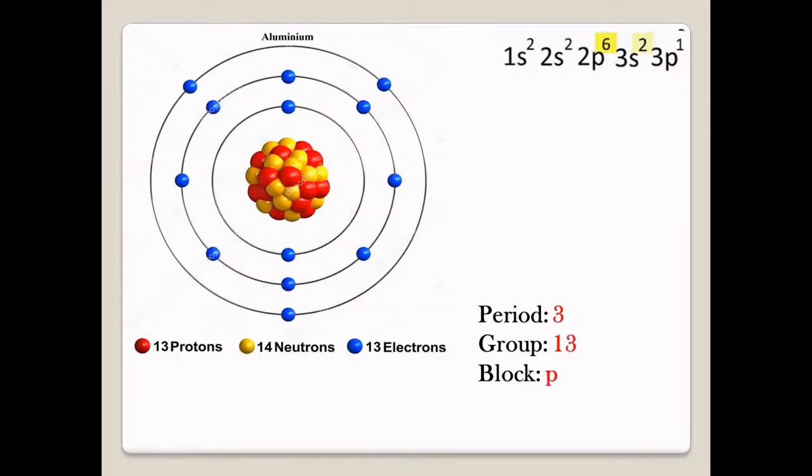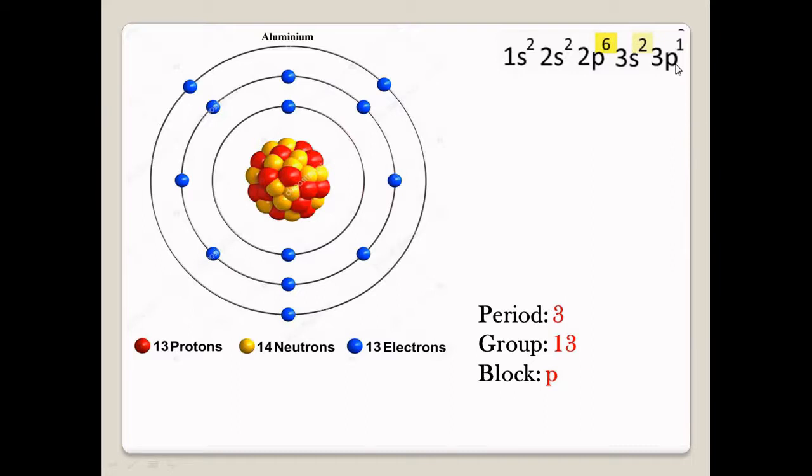Let's see another example, that is aluminium. Aluminium has 13 protons, 14 neutrons and 13 electrons, with the electronic configuration 1s2 2s2 2p6 3s2 3p1.